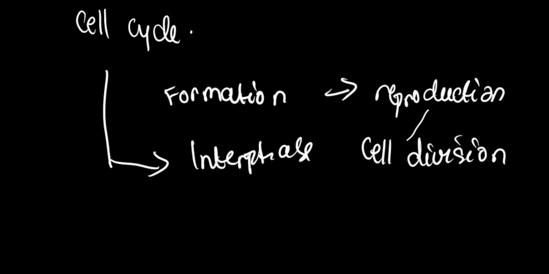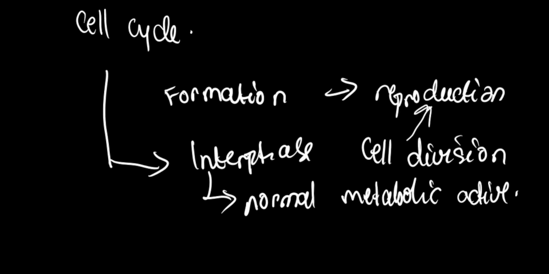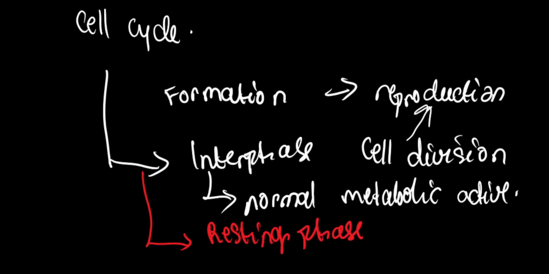The cell division is associated with cell reproduction. However, the interphase is associated with the normal life activities of the cell, so the normal metabolic activities of the cell. The interphase is usually referred to as the resting phase of the cell. However, in actuality, the cell doesn't rest.